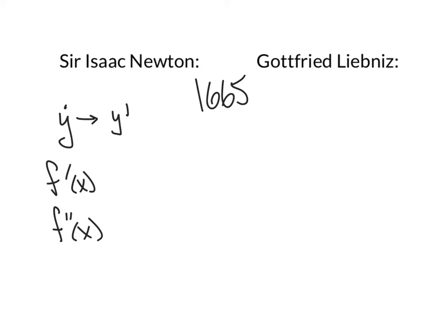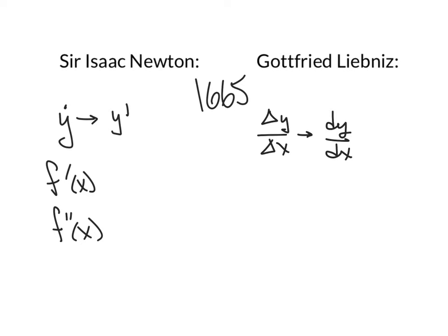Now, Leibniz, on the other hand, was a mathematician, and he looked at calculus as a way to unify logical thought in many different fields, like between geometry and algebra. But when it came to the derivative, Gottfried Leibniz definitely looked at the derivative as being the slope of the tangent line. So the change in y over the change in x. However, he was looking at tangent lines and not secant lines, and he let those changes get infinitesimally small, and that turned into what we call the differentials, dx and dy.